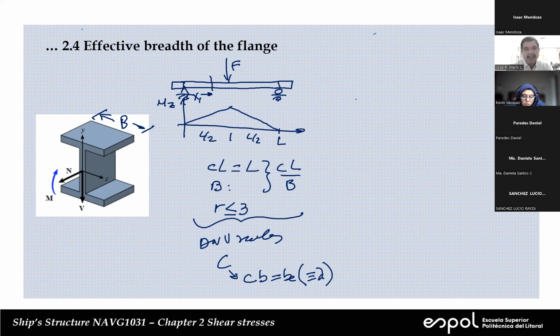In this case, there were no stiffeners because you have a concentrated force and there was nothing in between. So that's why we consider that R is less than 3 in this case.